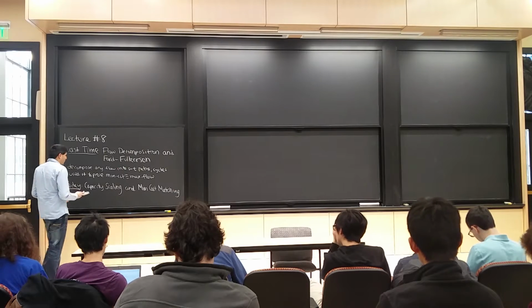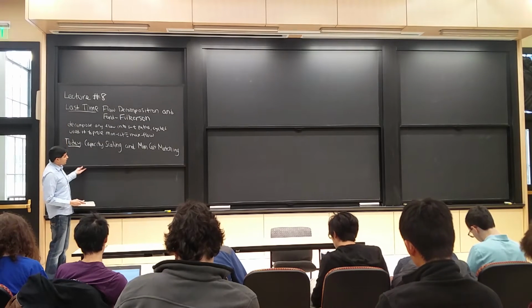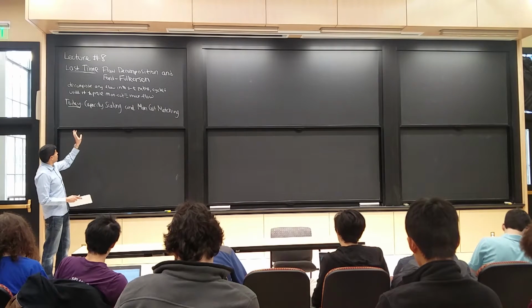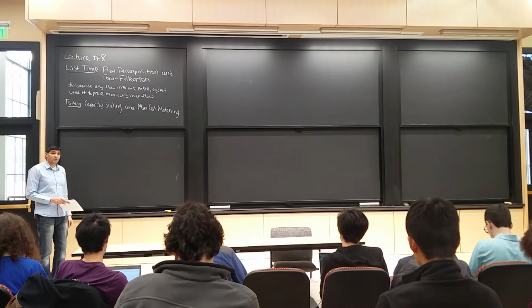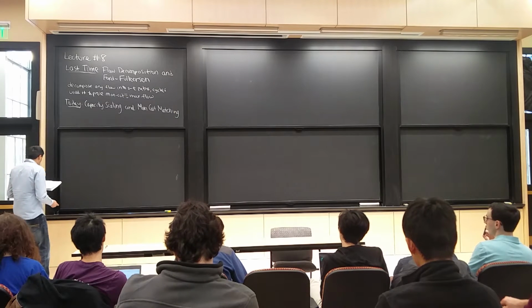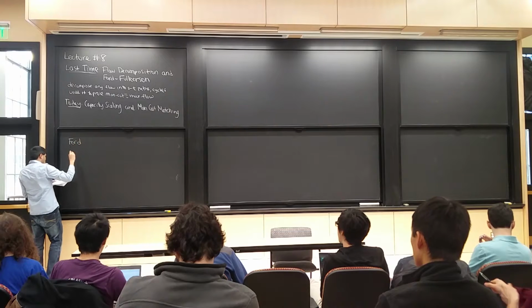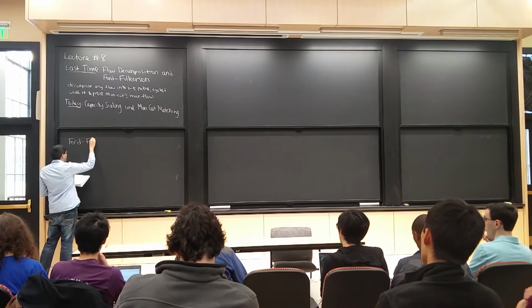So let me start off with a quick review. One of the main takeaways that you should have gotten from last time was, first of all, what flow decomposition is, which we just talked about, but also the Ford-Fulkerson algorithm and how it's underspecified in a very crucial way.